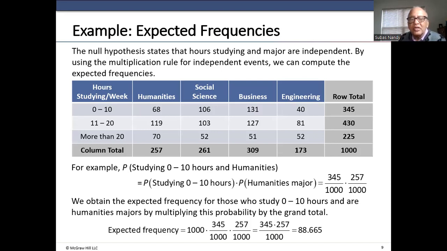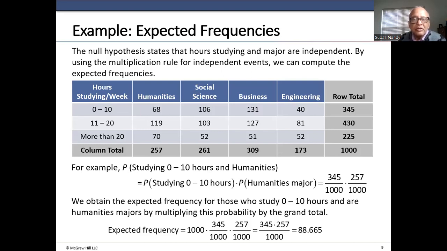So the probability of studying 0 to 10 hours and studying humanities is the product of the two individual probabilities, because we assume they're independent, which is the null hypothesis. Now to obtain the expected frequency, or expected count, for those who study 0 to 10 hours with a humanities major, we first multiply the two probabilities to get the probability of both humanities and 0 to 10 hours.